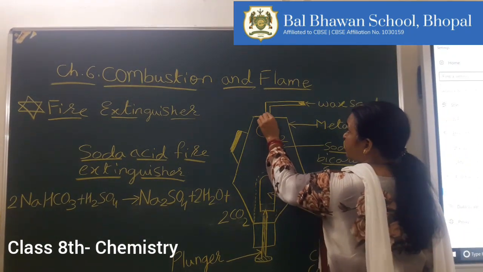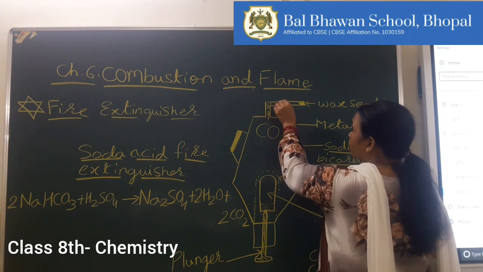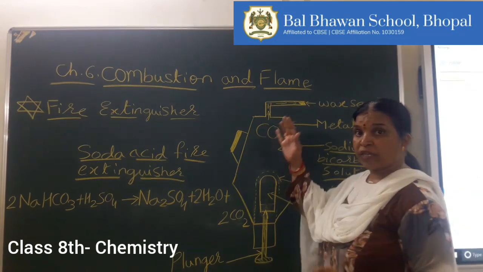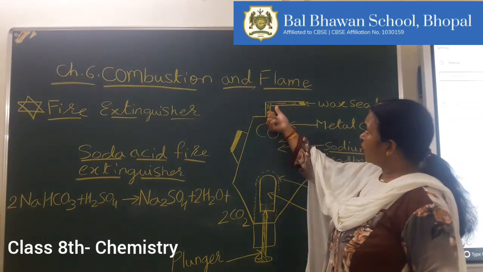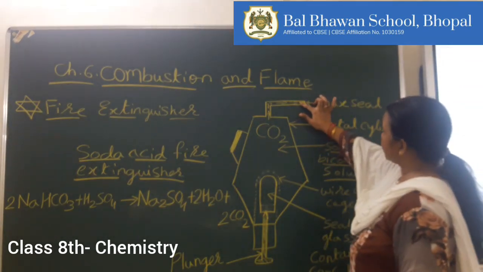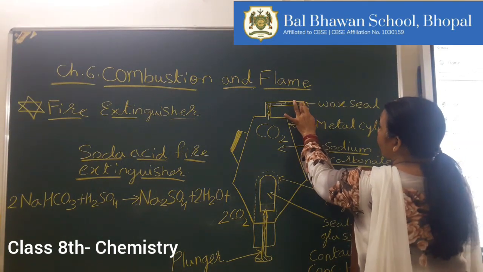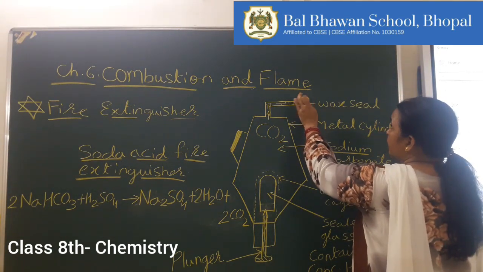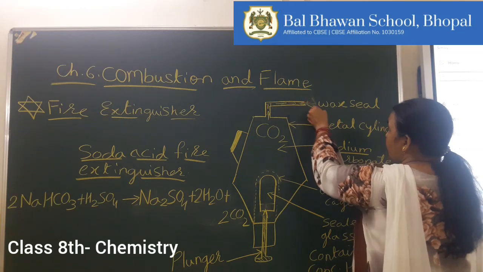This carbon dioxide gas will move in the direction where there is space, and when it moves upward with a lot of pressure, it will break the wax seal, and the carbon dioxide gas will be released.